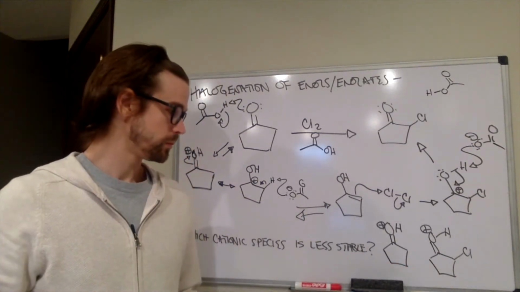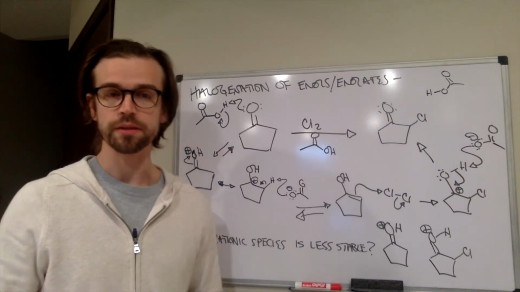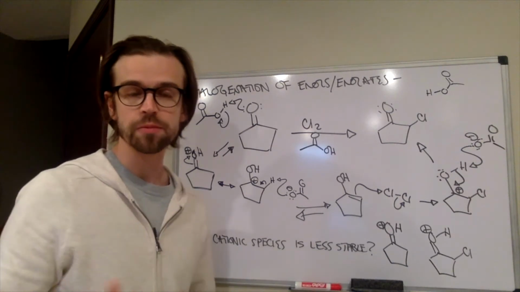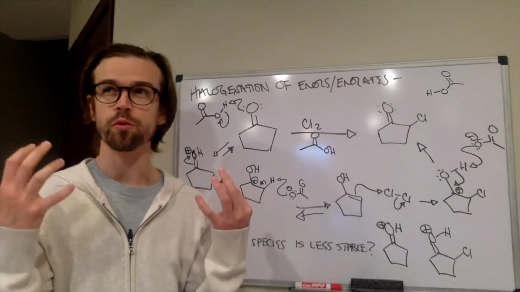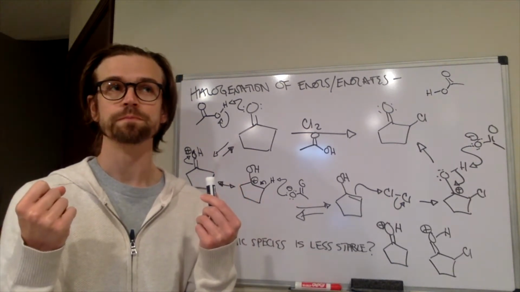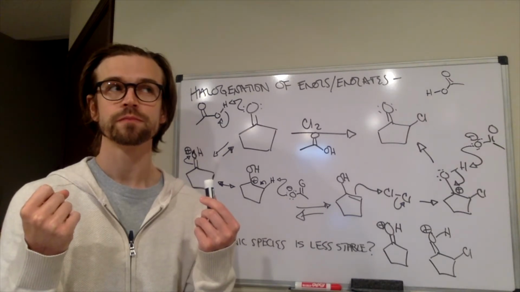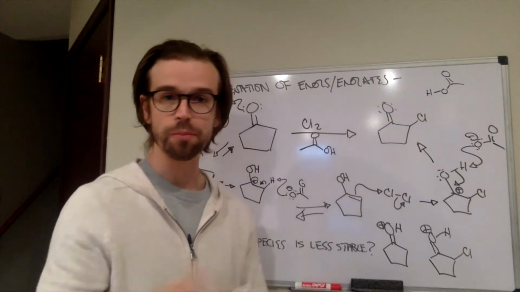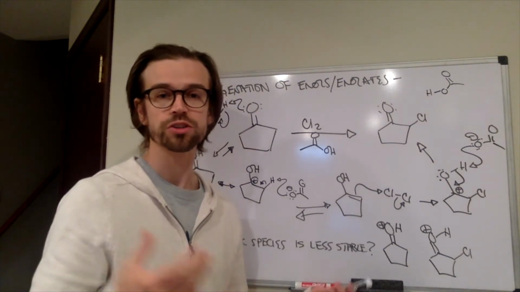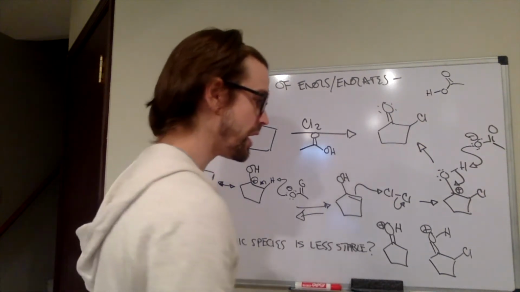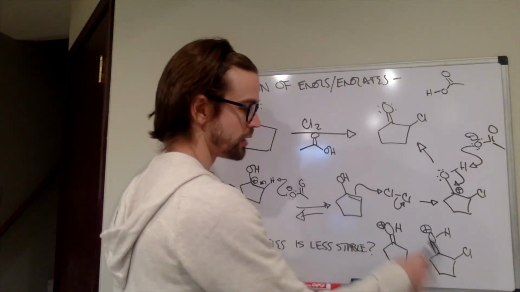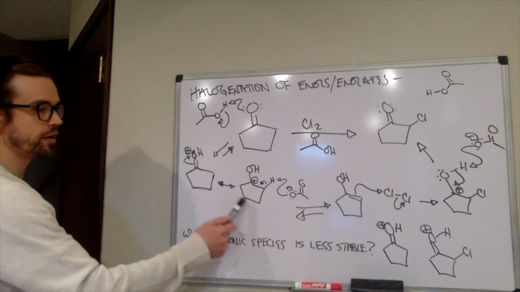Thought about it for a second, written something down. Yeah, so the less stable species is going to have the larger charge associated with it. Both of them have just a single positive charge, but which charge is more stable? And when we think about that, both of them theoretically are delocalized from the oxygen to the carbon, as we showed right here.